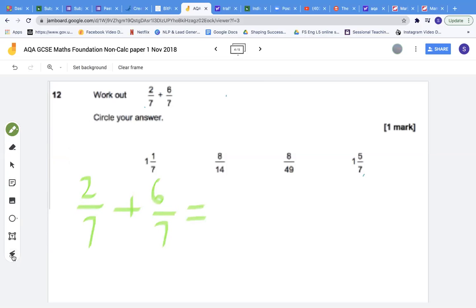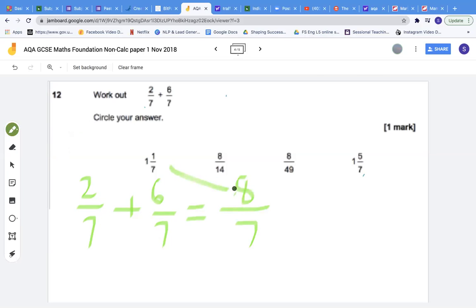When you are adding up fractions, you've got to look and see what's happening with the denominator. The key thing is when you're adding up, you've got to equalize the denominator. Now, 7 goes into 7, perfect, so you are then going to leave it as a 7. And then you can add the 2 plus the 6 gives you 8.